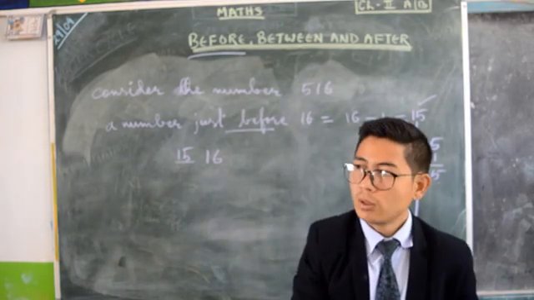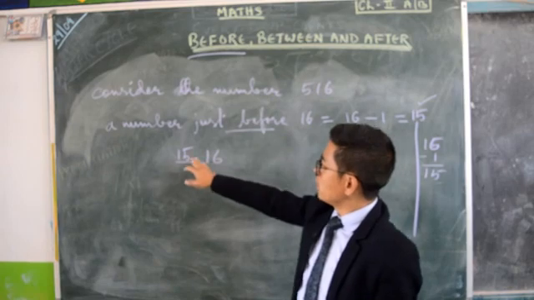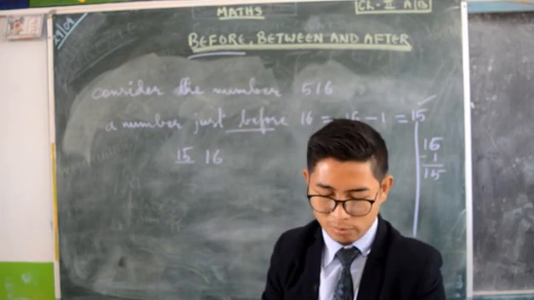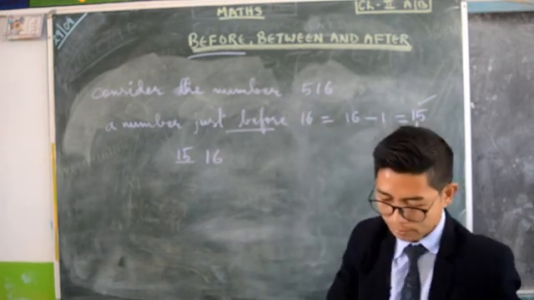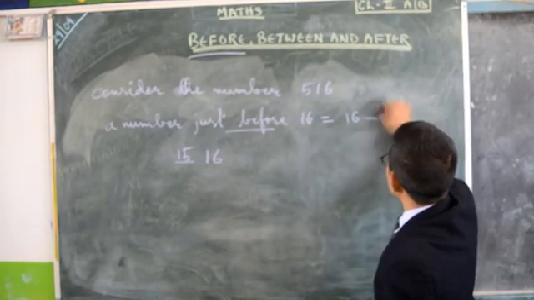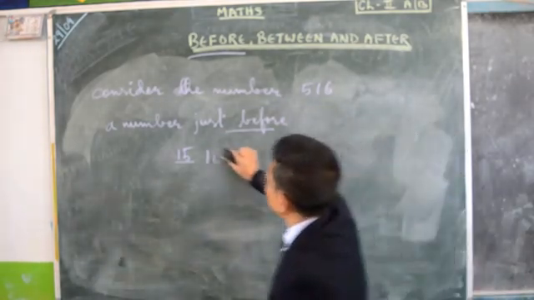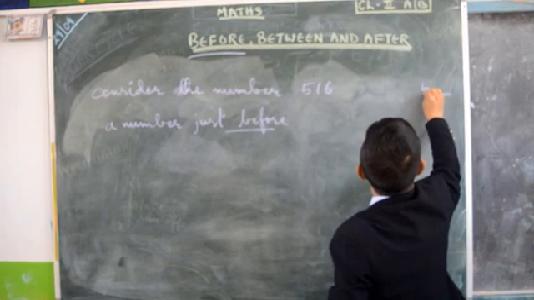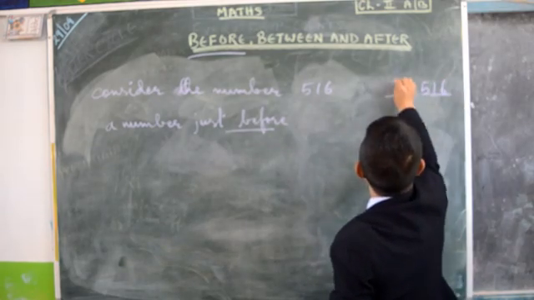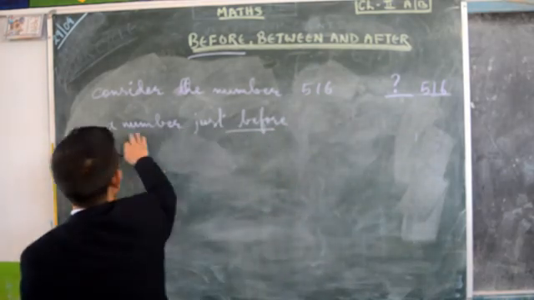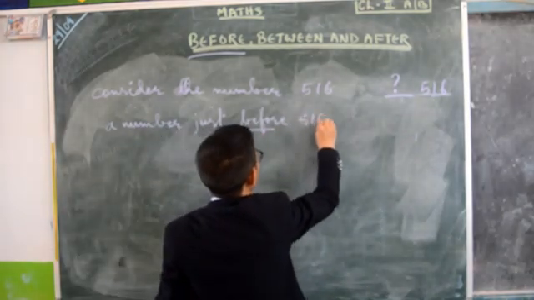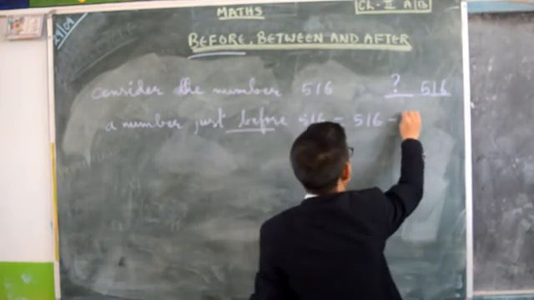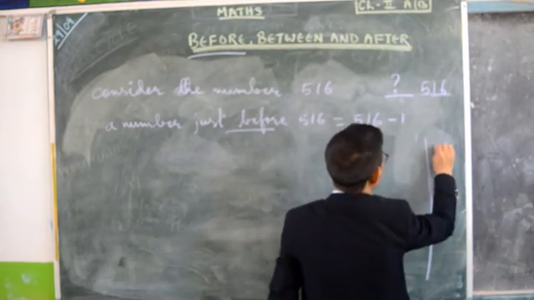As I've already told you, to write just before the number, we need to subtract 1 from the given number. So a number just before 516 equals 516 minus 1. Okay, so take a rough.